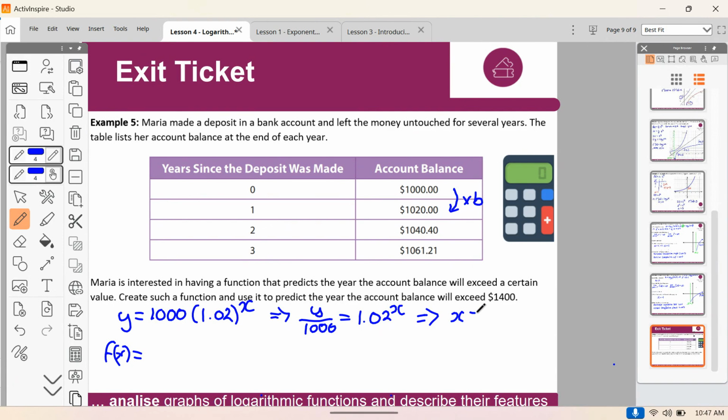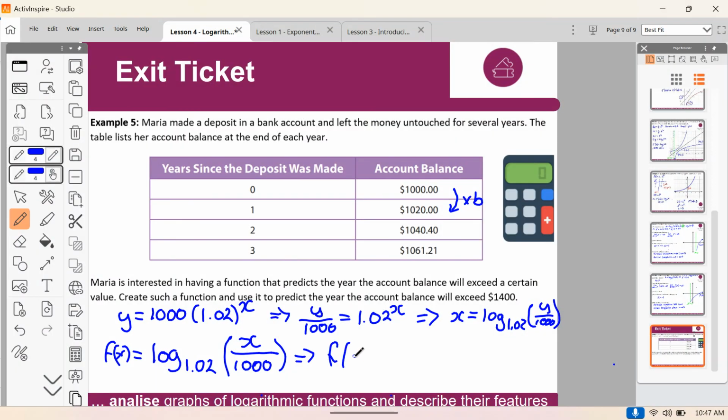That means x is equal to log base 1.02 of y over 1000. So the function that we want is f of x equals log base 1.02 of x over 1000. Then we wish to find f of 1400, and this will predict the year in which the account balance will reach that.